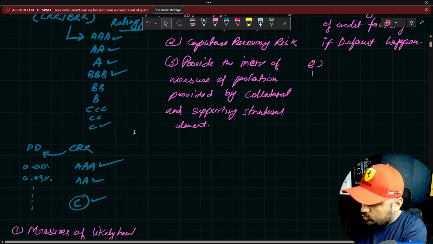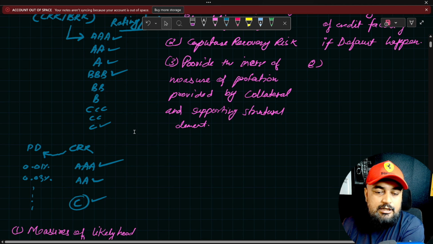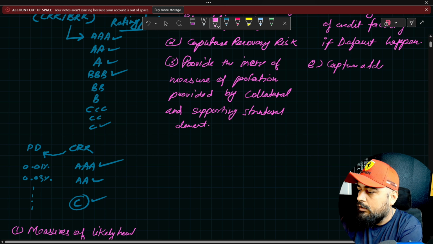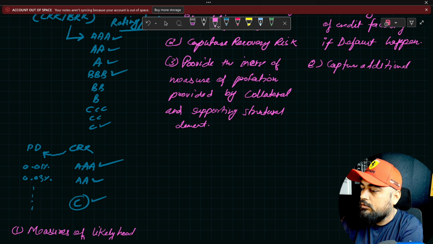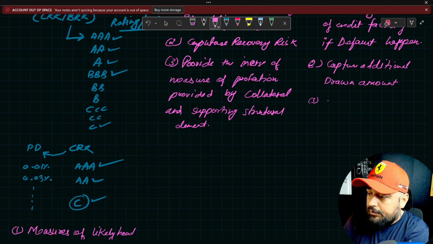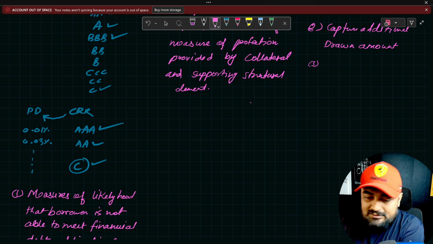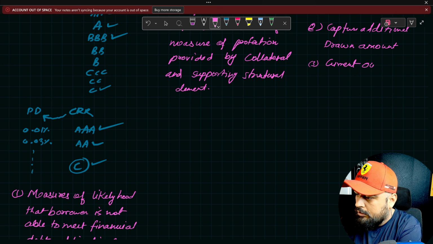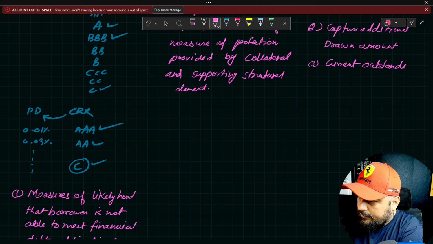Now the second thing which you need to remember about this, it captures the additional drawn amount. This is something again very important to remember. And the third thing, it represents the current outstanding.